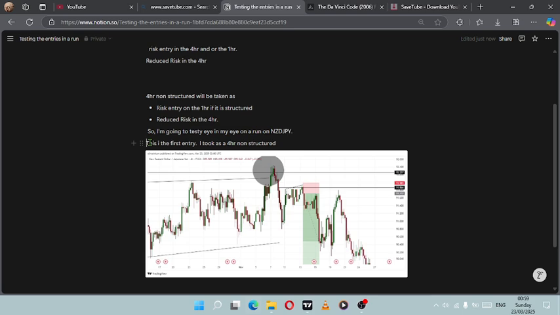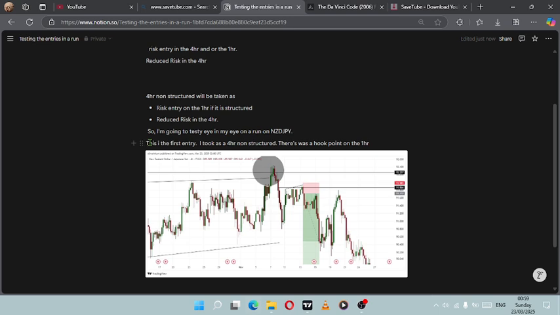There was a hook point. There was a hook point on the 1 hour.